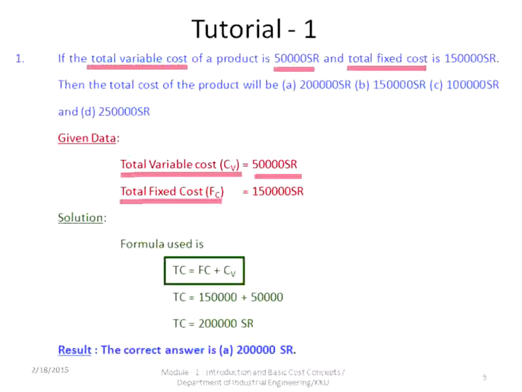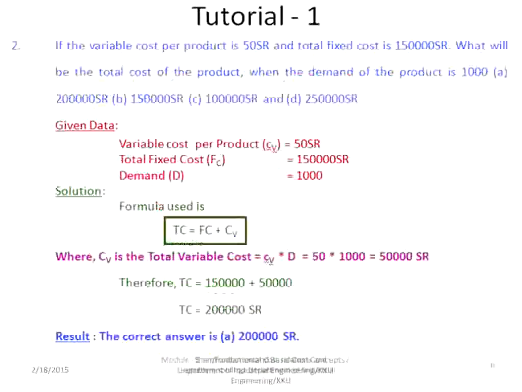Okay, now let's see the next problem. Problem number 2. So here you see, again, the given is the variable cost per product.